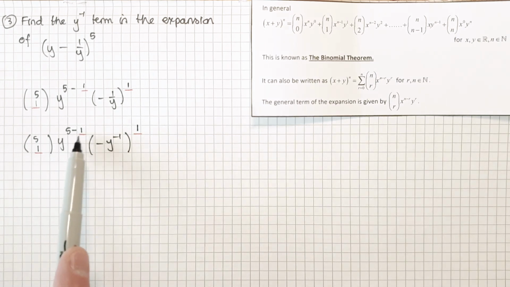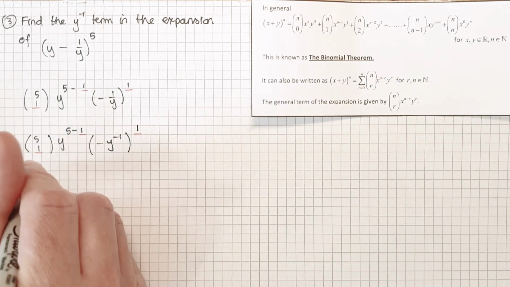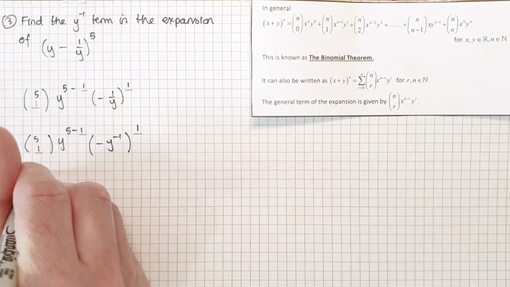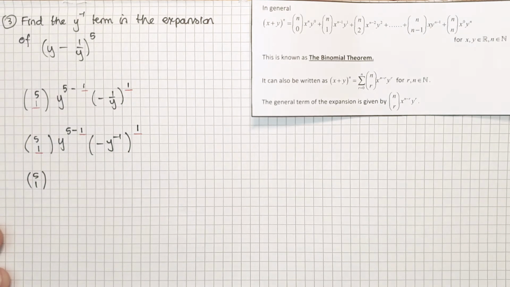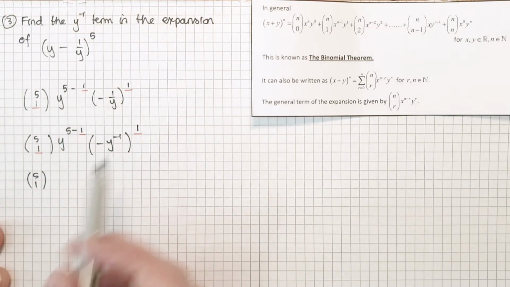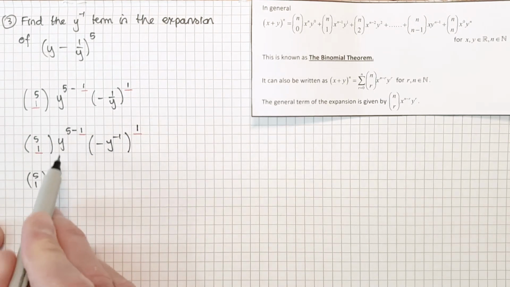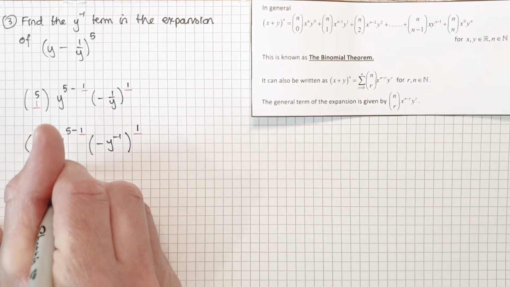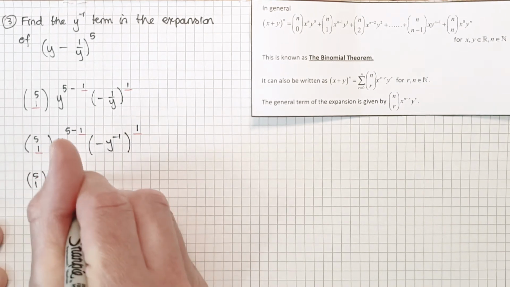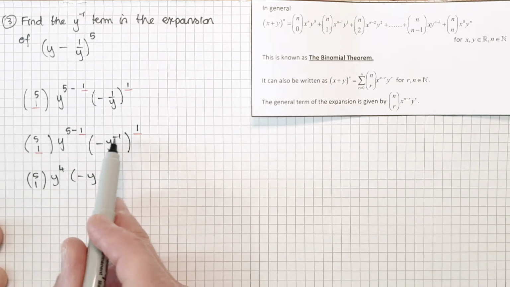But when you multiply it with this, you're not going to have y to the power of negative 1 overall. You're going to have 5 choose 1. And I'm not going to bother working this bit out because I don't really need to know what the coefficient is right away. I just need to know whether this bit here gives me y to the power of negative 1. Well, this bit's going to be y to the power of 4, and it's going to be negative y to the power of negative 1, because you're multiplying these together.